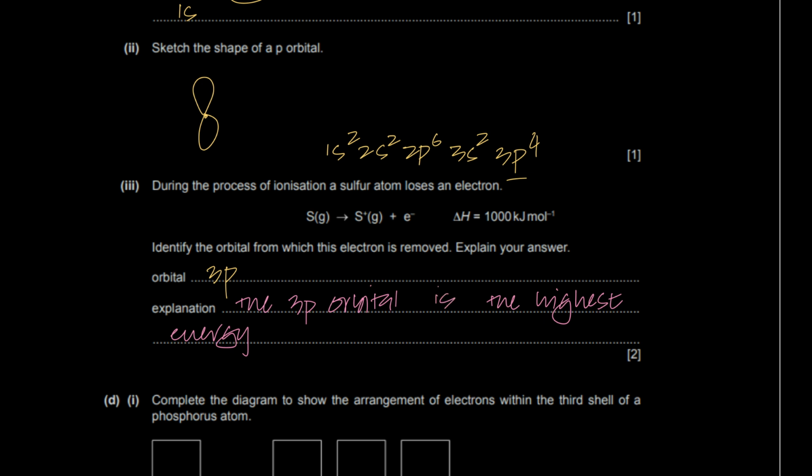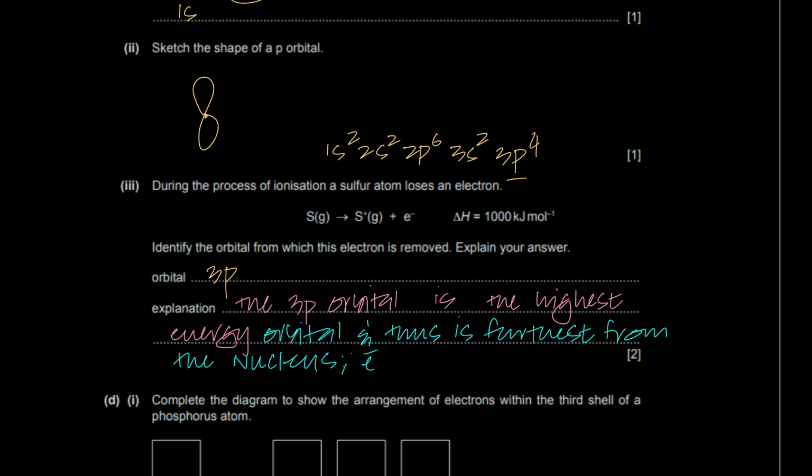Is the highest energy orbital, and thus is furthest from the nucleus. And yeah, that's it. Therefore electron is removed from it.